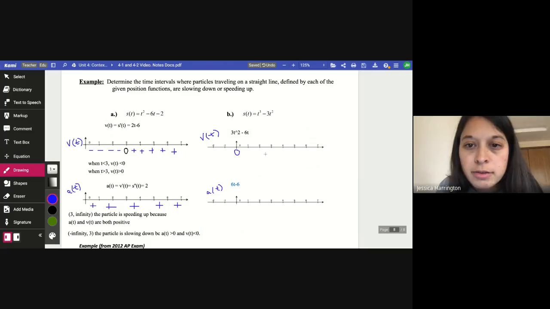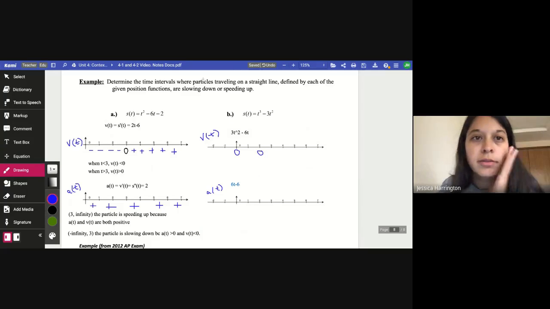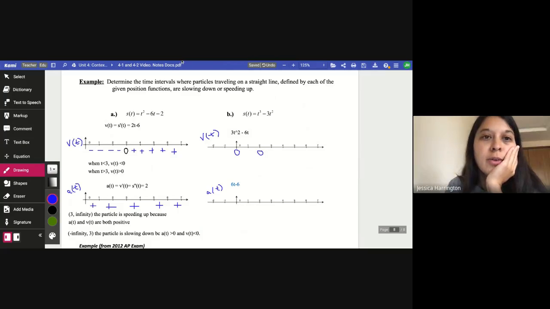So let me type that here. The velocity is 0 there, and the velocity is 0 there, right? I didn't solve that equation, but you can do that and check, right? When I plug in 0 or I plug in 2, I get 0. Okay, so now let's look at the signs. Let's pick a number over here and plug it in. If I plug in -1, that would be 3 times 1 is 3, minus 6 times -1, that's positive.